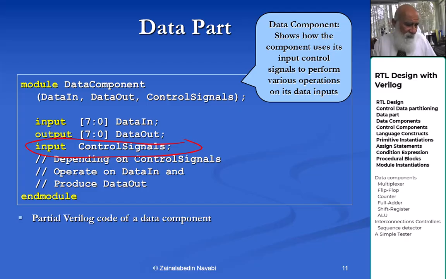So this is a typical data path component. What happens here? Well, it depends. If it's an ALU, it is a combinational circuit. If it is a register, it has to be clocked, and it has to have a clock input.